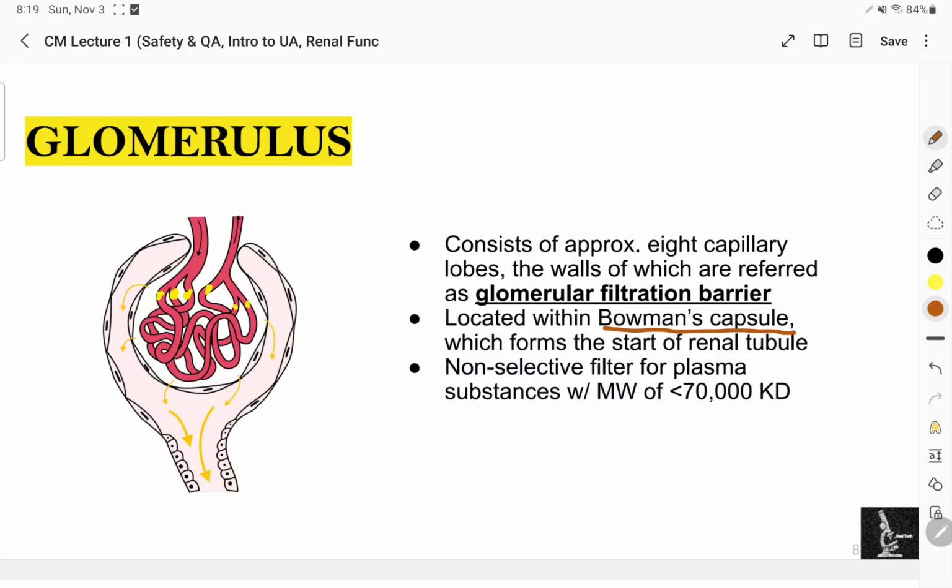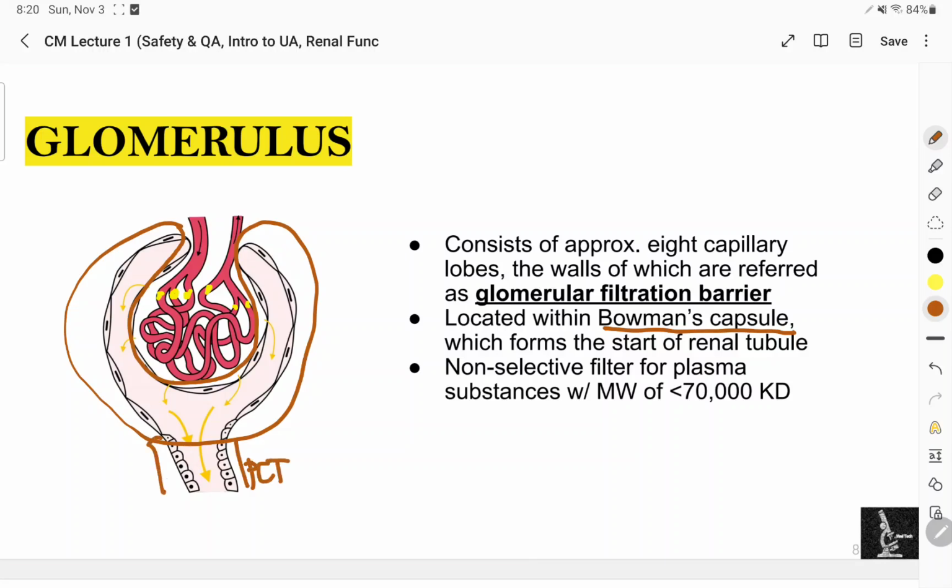So again, about 8 capillary lobes, and the walls of your capillaries are referred to as the glomerular filtration barrier. And this is your Bowman's capsule that contains your glomerulus. Okay? And it forms the start of your PCT. And your glomerulus is a non-selective filter for plasma substances.